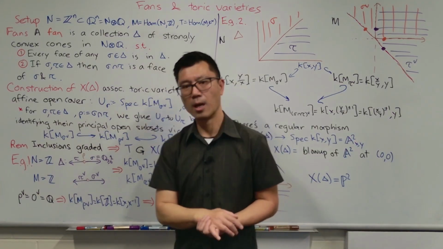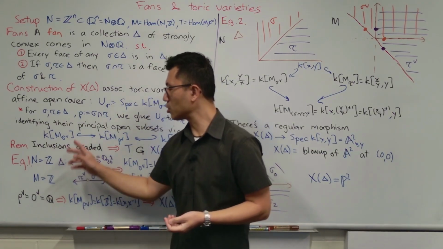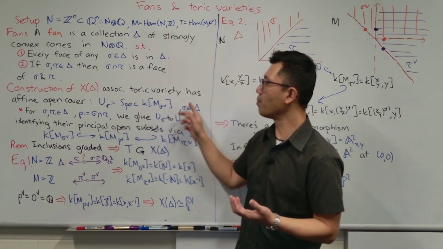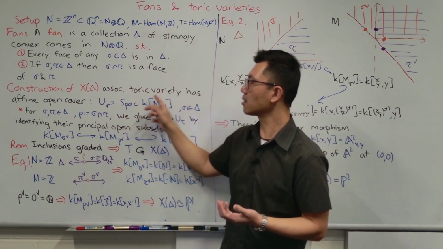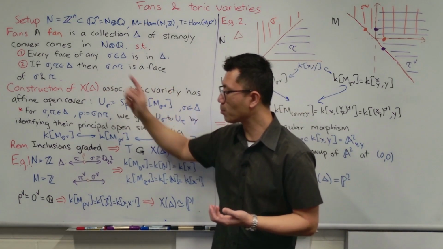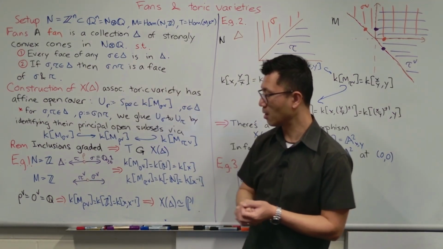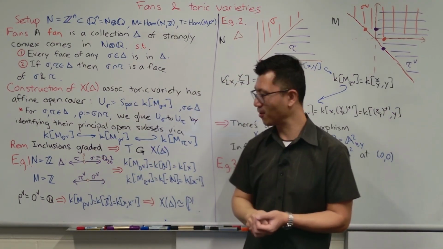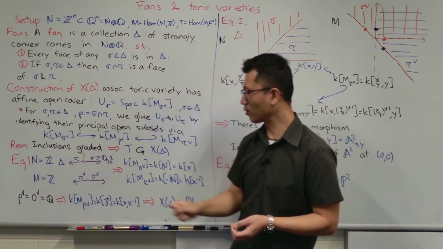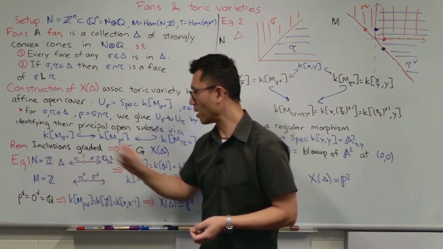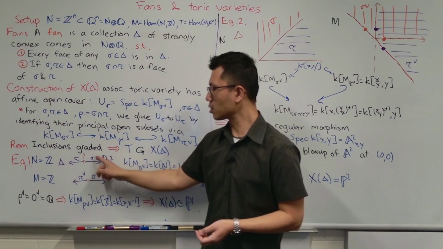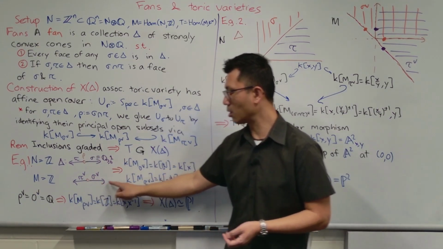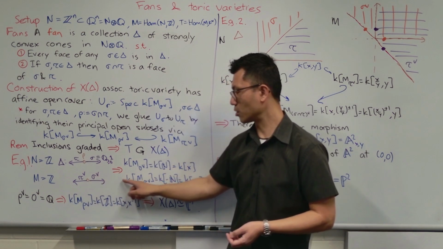Now what we can do is look at all the possible open affine varieties which cover the corresponding toric variety. There are only 3 faces to deal with, sigma, tau, and rho, so we can look at all of them. Let's look first at sigma. For the corresponding U sigma, look at sigma check, the non-negative rationals.